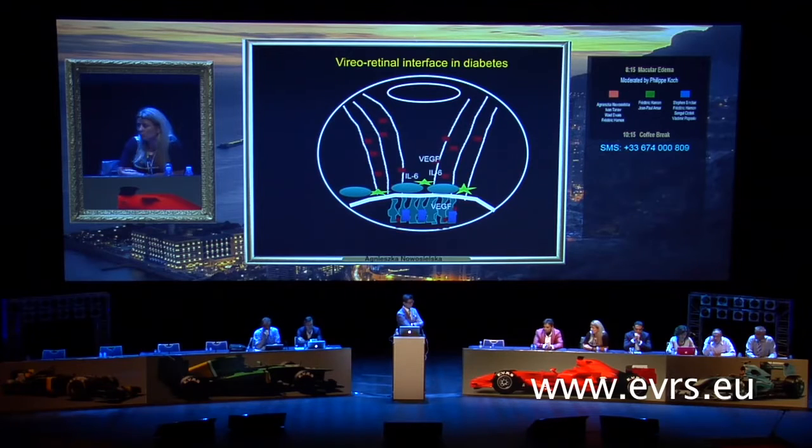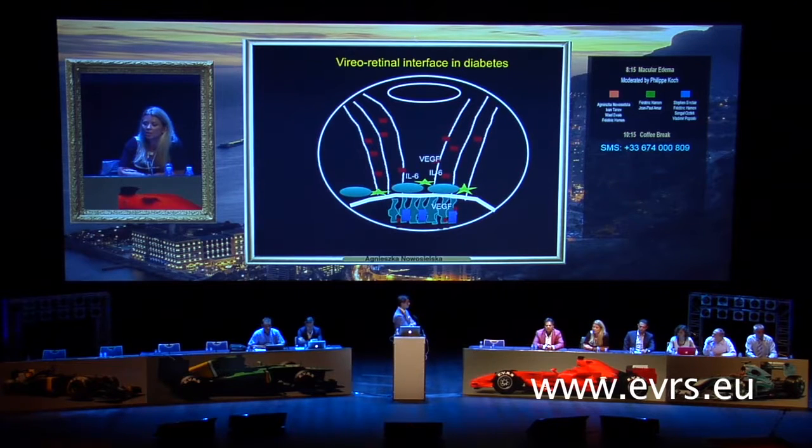If this process is not stopped, the changes are more and more profound, and I do believe that at some point they start being visible because they are so profound and so big that this allows morphological changes to occur, not only on the cellular level, but also at a more visible level. And I think this is the moment we start calling this tractional, because we can see the changes within the eye.